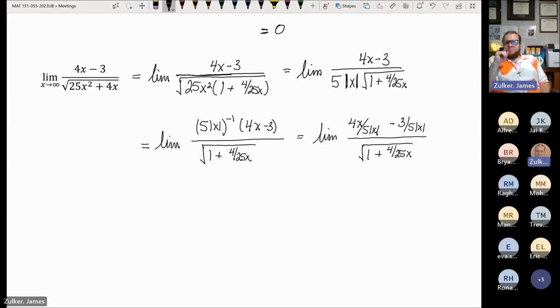But now we have a problem with this term. It makes sense that it goes to 0 regardless, right? But algebraically, why does it go to 0? The limit I gave you was for positive powers of x, not absolute value of x.